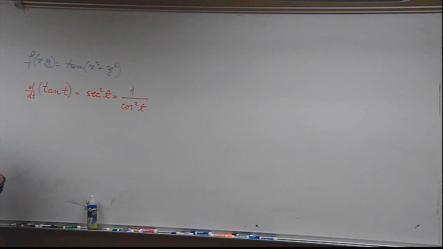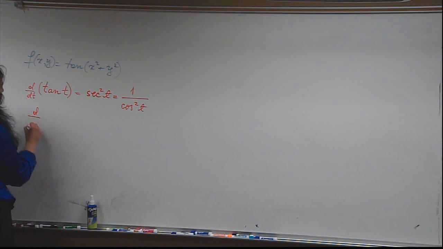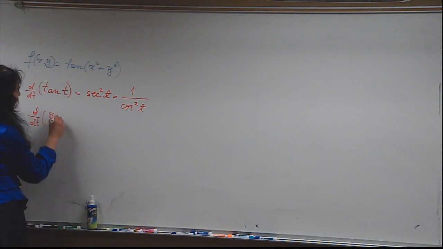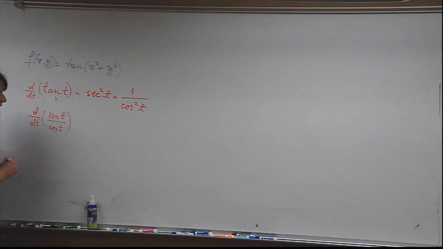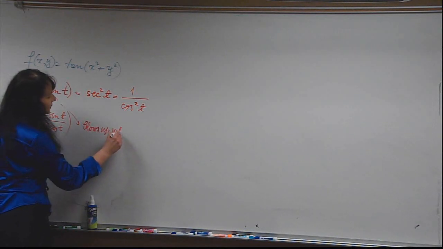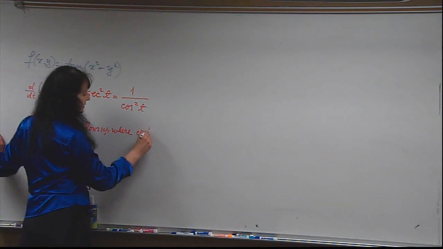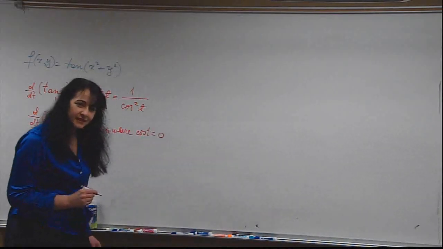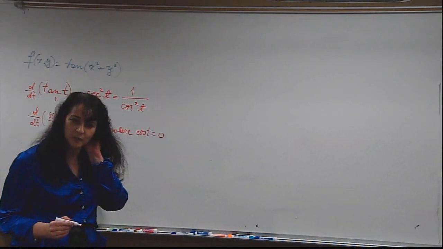Wasn't it a quotient of sine and cosine? Yes. I'm proud of him. That is the answer. So this blows up where cosine t was 0, right? So where did that blow up?